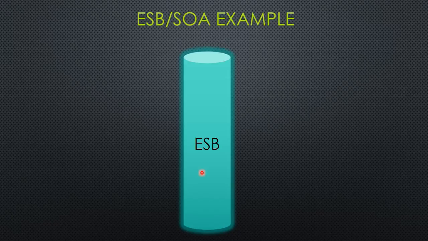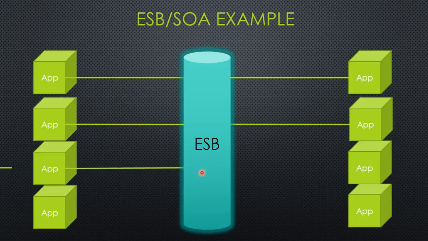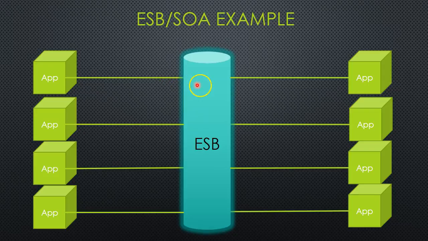So let's take that same example from point to point. The same 8 applications, and we hook each of those application APIs to the ESB. And we do that through a standardized service contract that includes a canonical schema that includes all of the data elements for all of these applications.